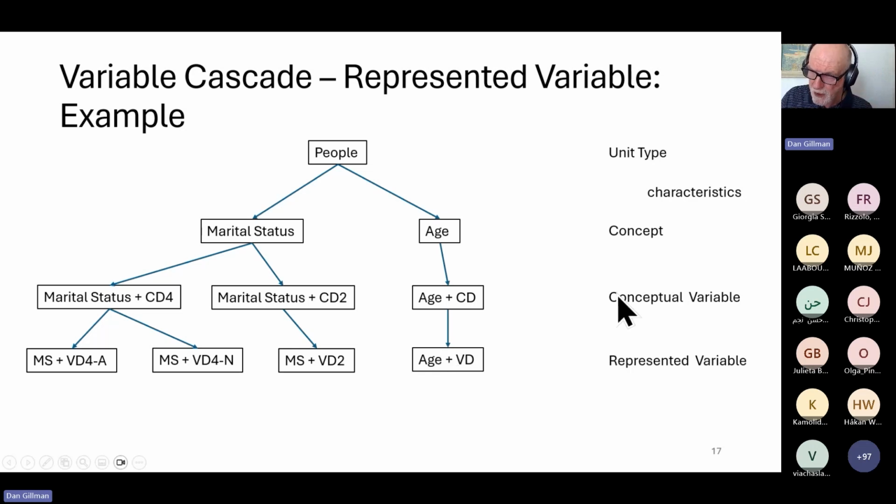It's the conceptual variable plus the representation and, if a unit of measure is necessary, we supply that, and we also tell you how to interpret what the representations mean. So if it's numeric, they may not be numbers, they might just be characters.